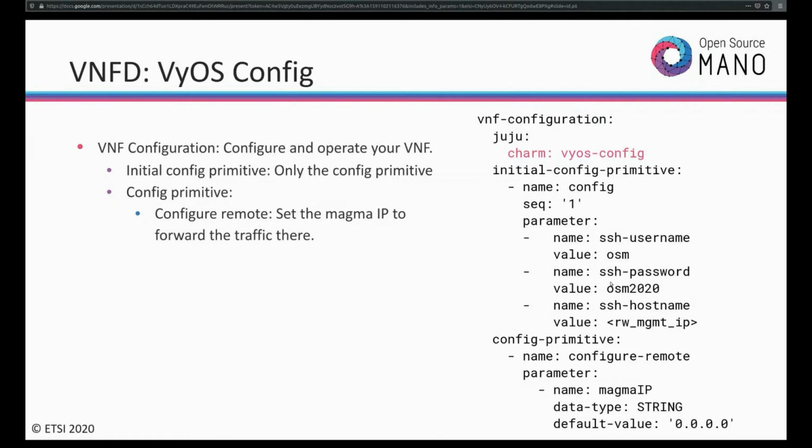These are the username and password for SSHing the BIOS config. And then the config primitive itself consists basically of one action that takes one Magma IP as parameter. We have set here the default value, but this doesn't matter. We will be explicitly specifying which IP we want to use.